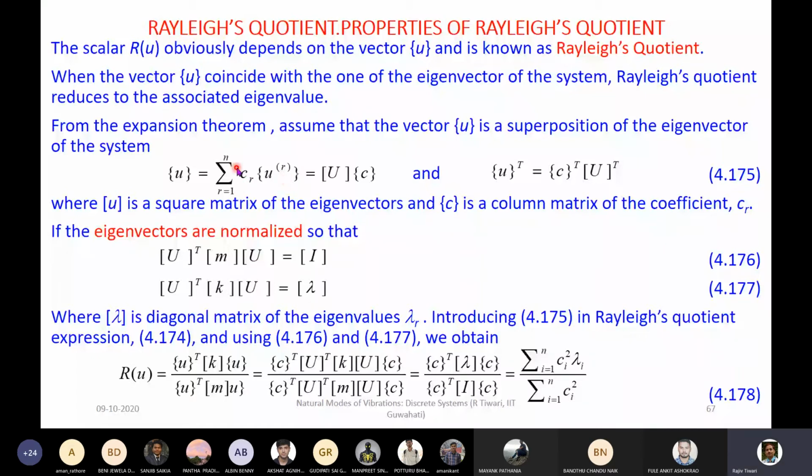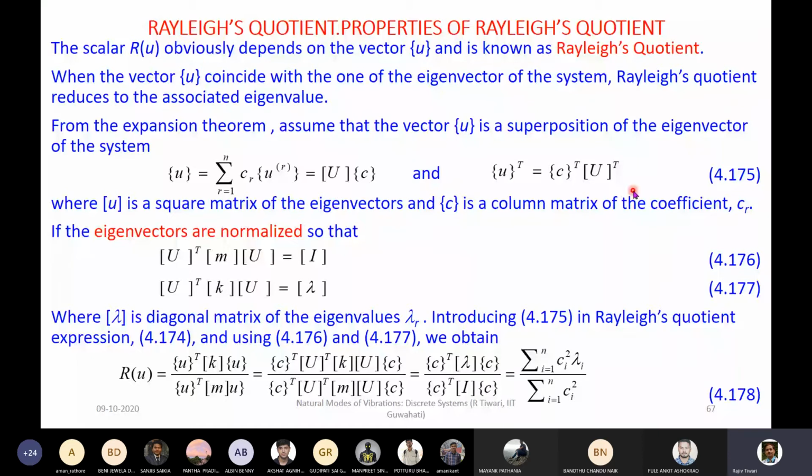And this can be written in a matrix form like this, because these are eigenvectors. If we stack them in a matrix form, this becomes the modal matrix, and C is the vector having C1, C2, C3 values. So we have just put this summation in a matrix form: small u is equal to capital U, which is the modal matrix, times the constant vector C. If we take the transpose of this, obviously they will swap.